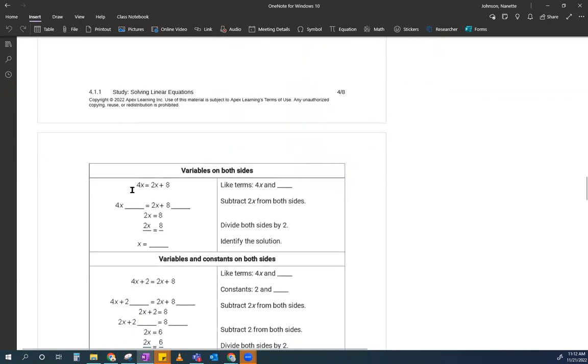Because this has variables on both sides, it is completely legitimate to subtract variables so that you can have variables just on one side. Okay, so for here, I'm going to basically subtract 2x on both sides.